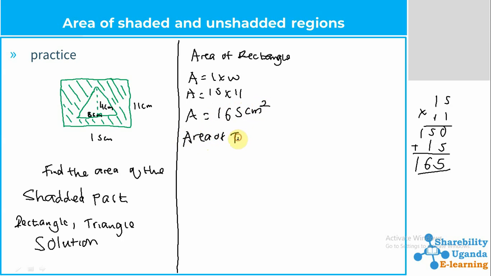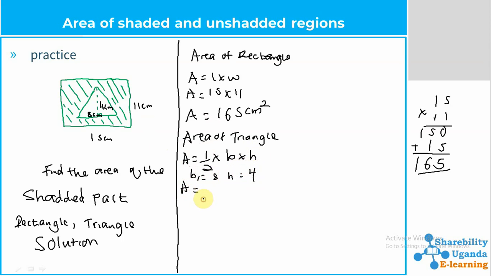Then we also look at the area of our triangle. So how do we get the area of our triangle? We say a half times the base times the height. So now our area here should be equal to, we have our base as 8, we have our height as 4.